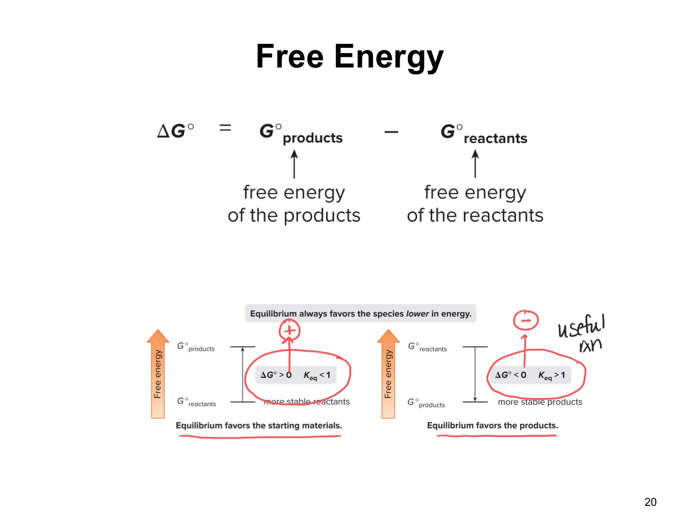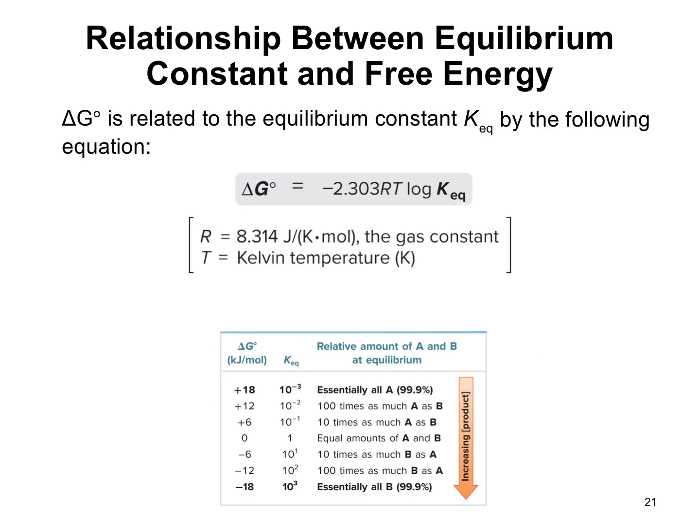Now, delta G is related to the equilibrium constant by this equation here, okay? Where if KEQ is greater than 1, that makes the log of KEQ positive, and then that makes delta G negative, okay? And energy is released and equilibrium favors the products, just like what we talked about on the previous slide.